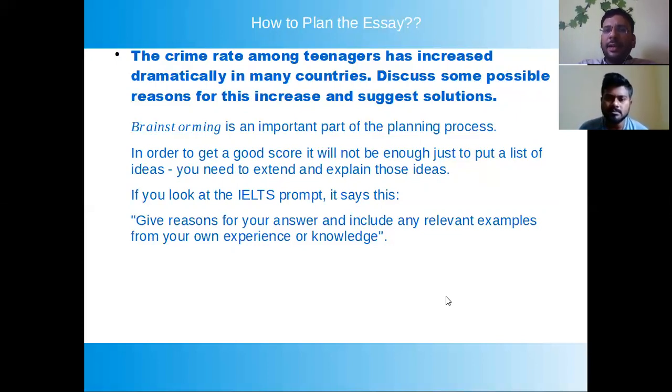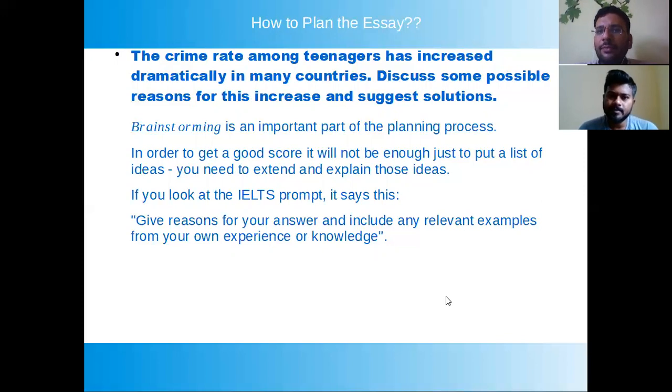And you also might have to go through the question stem, which clearly asks you what to do. Now, this question says discuss some possible reasons for this increase and suggest some solutions, right? Essentially, even though it's asking you to discuss a topic, if you look at it, this has given you a problem, and this is asking you to give a solution.